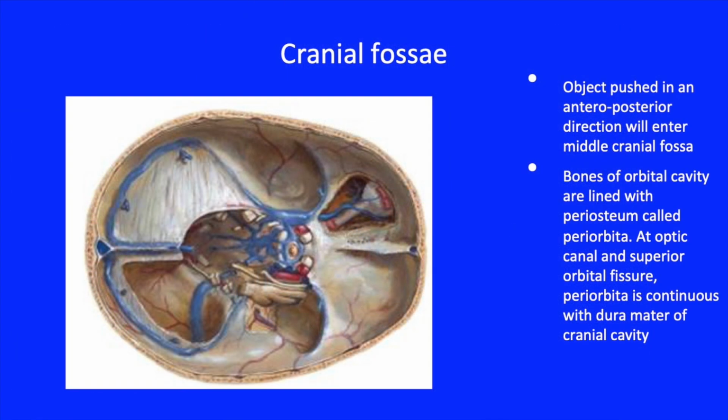The final relationship of the orbit I want to point out is the posterior one. If you push an object in the anterior-posterior direction, it will enter the middle cranial fossa, and this one is unlikely to be survived by the patient.